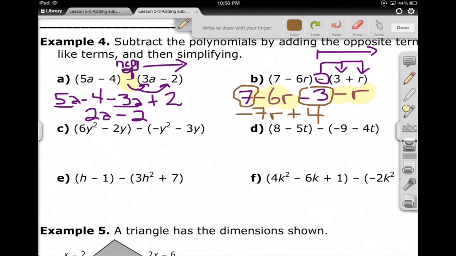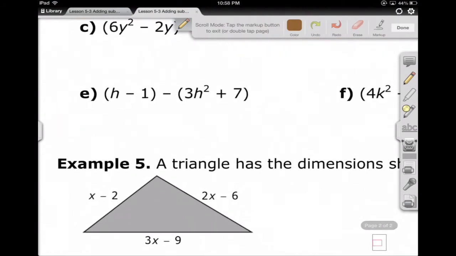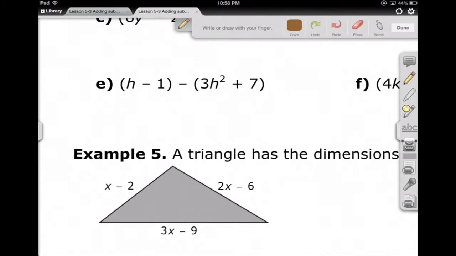Do a couple more examples here. Again, the negative of affects these that follow. H minus 1. This fellow was positive.